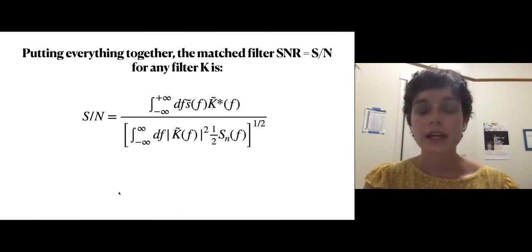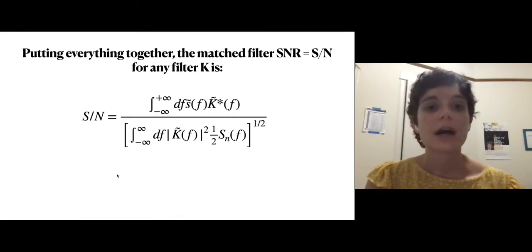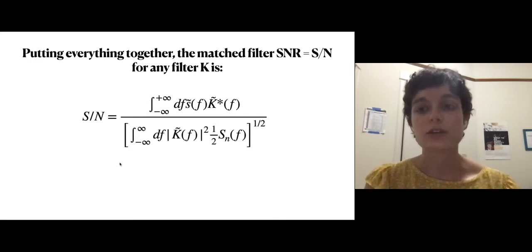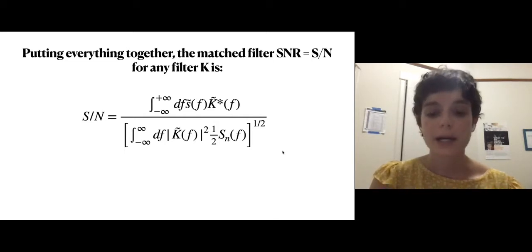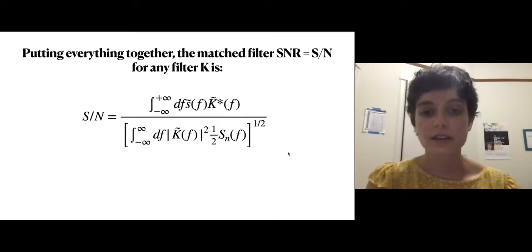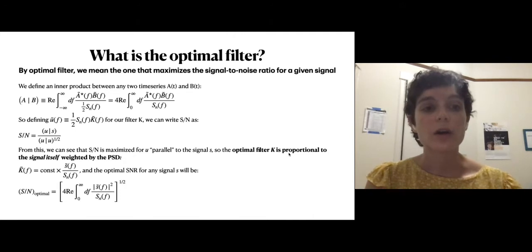So putting everything together, for any filter k, the matched filter signal to noise ratio is the S term divided by the N term, which is given by this expression here. And we can understand this expression a little more, which I'll go through in this slide.